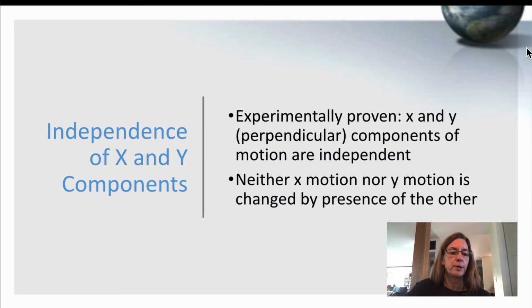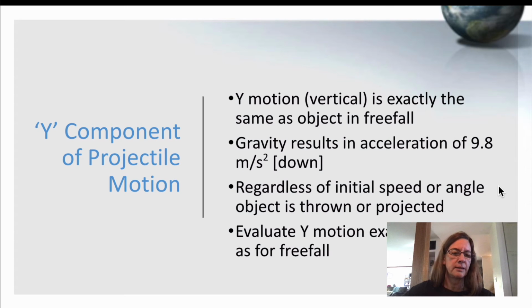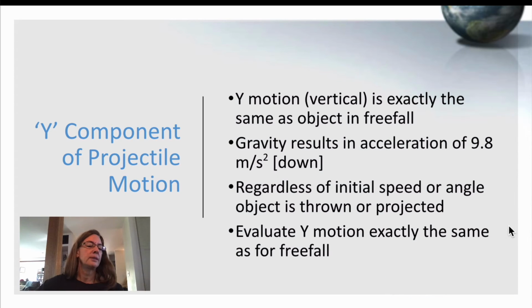This has been experimentally proven that perpendicular components of motion or any vectors are independent of each other, and neither the x component nor the y component is changed by the presence of the other. What this means in terms of evaluating projectile motion is that we evaluate the y component of motion separately from the x component of motion.